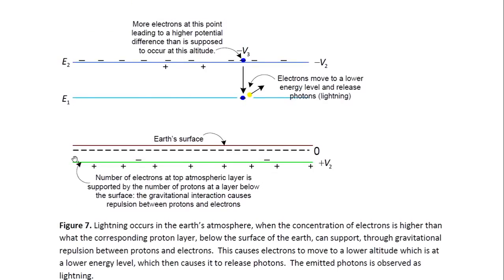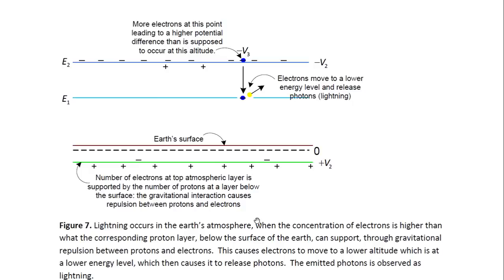So we again have energy levels. We have the Earth's surface. We have this positive electric potential level within the Earth, where we would have a certain concentration of positive charges due to the concentration of protons in the atoms making up that layer.